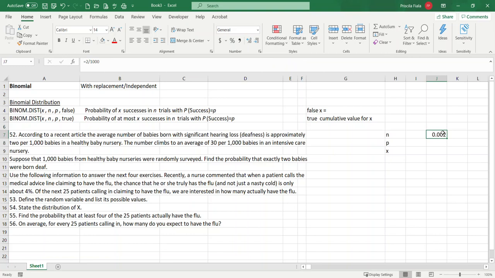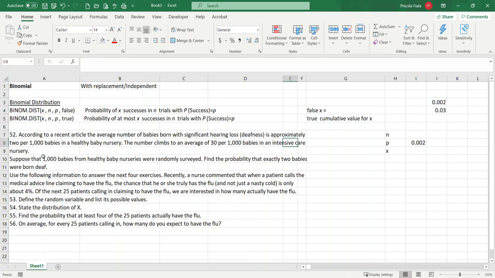So your probability right here, which is an average, is going to be 0.002. The number climbs to an average of 30 per 1,000 babies in an intensive care nursery. I don't believe we're going to be using this value. We're going to be using this value over here mostly.